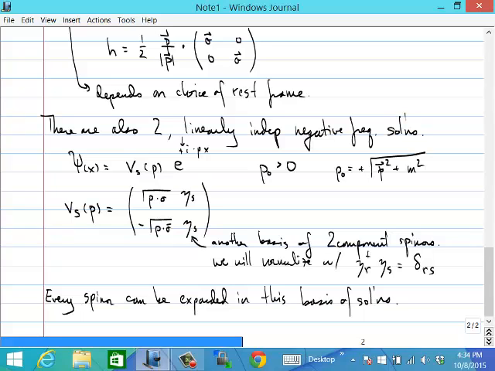Just as every function of x can be written as a sum of e to the ipx and e to the minus ipx times some coefficients, that's the Fourier decomposition, that's Fourier's theorem. Every spinor can be written in Fourier space, where it just takes the form of a linear combination of this basis of plane wave spinor solutions. Is that more or less clear?